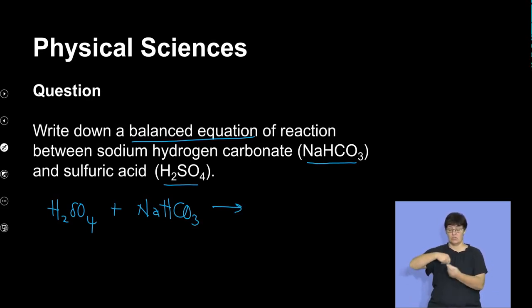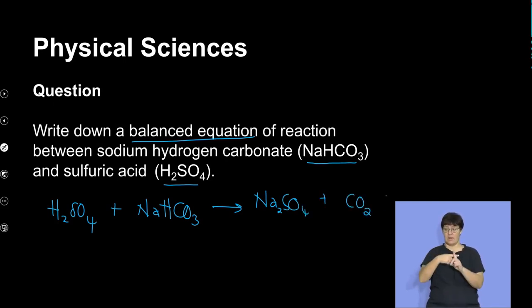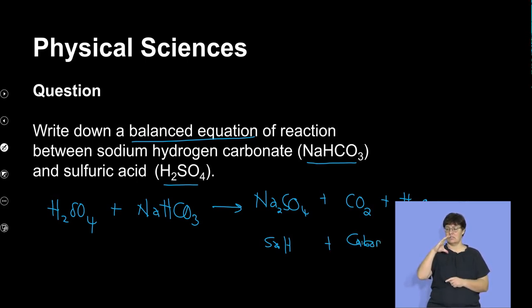The salt that is going to be formed here is sodium sulfate, take note of the formula, Na2SO4, plus carbon dioxide plus water. So this is a reaction that is used in the formation of salt. Salt plus carbon dioxide plus water.